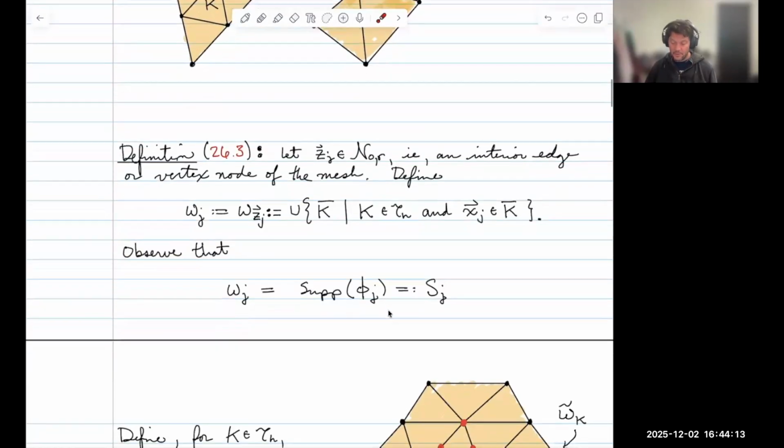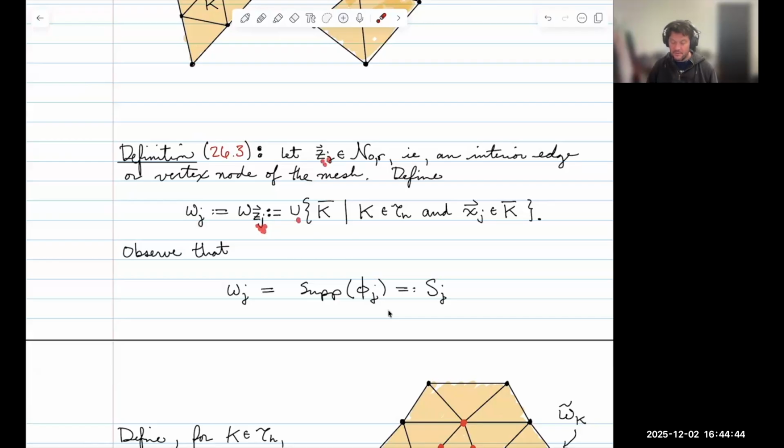We're going to need a few more as well. Suppose that z_j is a node on an interior edge or an interior vertex. We had a name for those: this nodal set, script N. So I'm going to define omega_j, or omega subscript z_j, for that node.